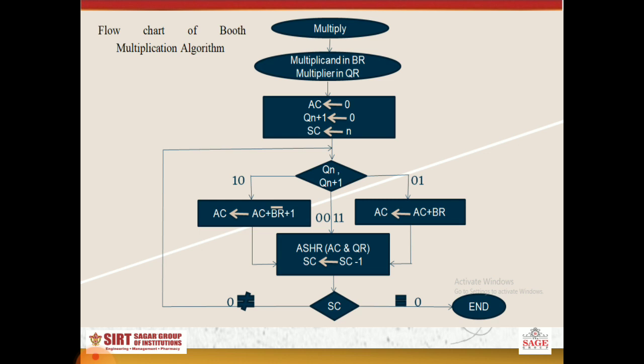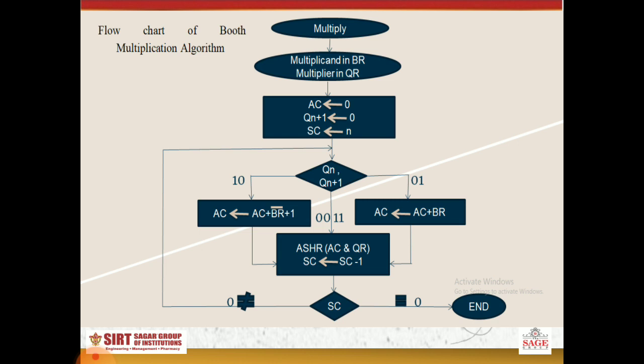In case of 1 0, we perform the operation AC plus BR bar plus 1, and if we get 0 1, then we add the BR value in the AC.